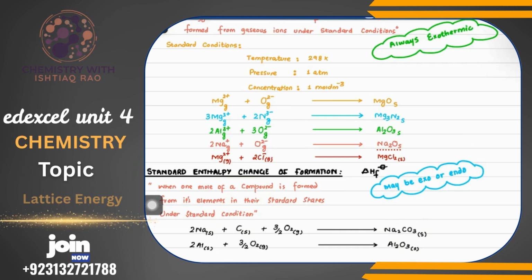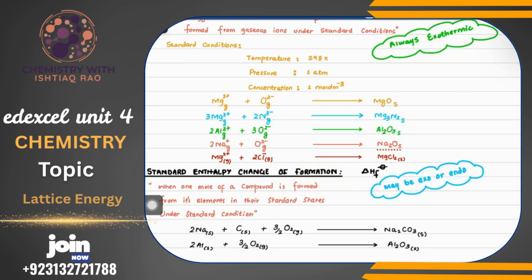So when 1 mole of a compound is formed from its elements, not the ions, you're noticing the difference between the lattice and the formation. In the lattice, we were writing down the ions, and in the formation, we are writing down the elements. That's the first difference.